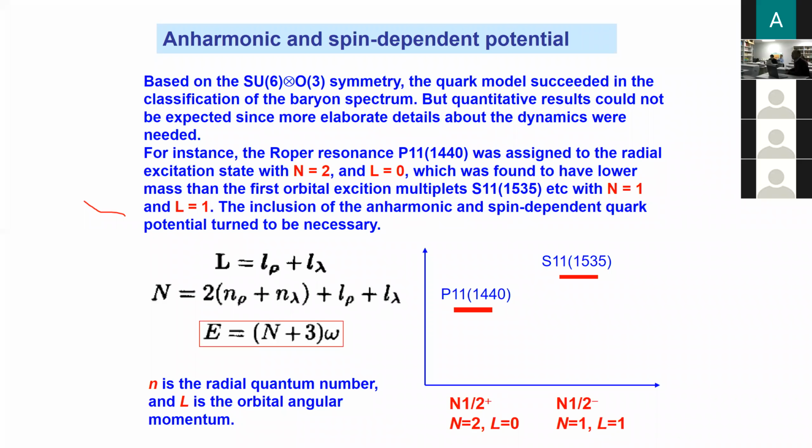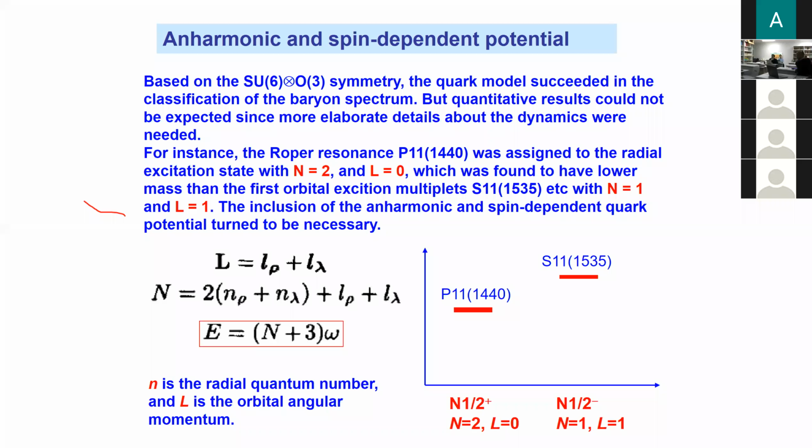Even though the non-relativistic quark model provides a very simple and easy-to-handle scenario for describing hadron spectroscopy, and it turns out to be successful, there are certain issues arising which cannot be explained in such a simple picture.